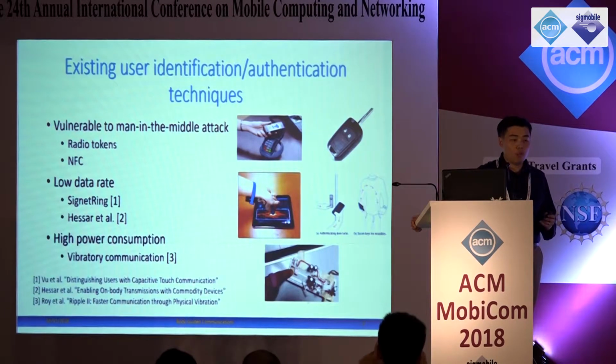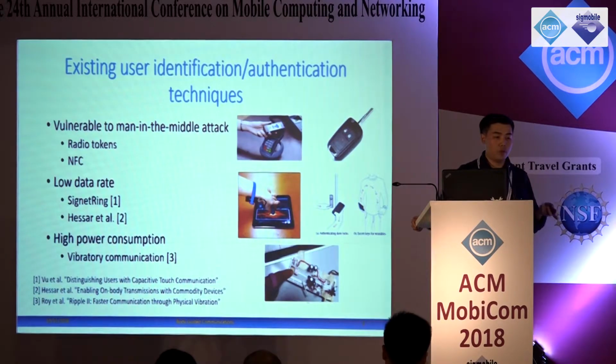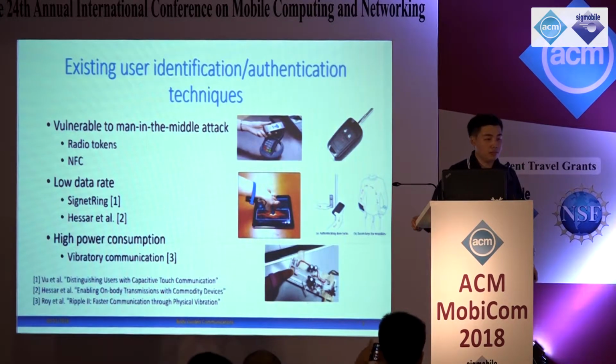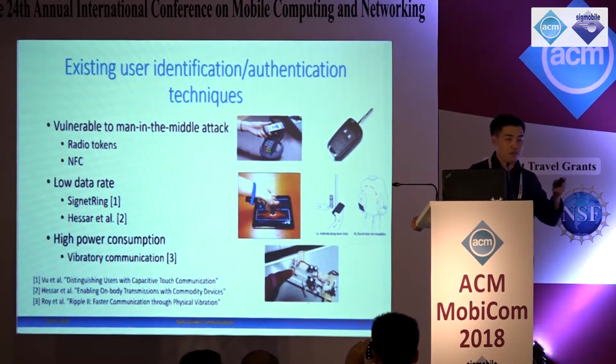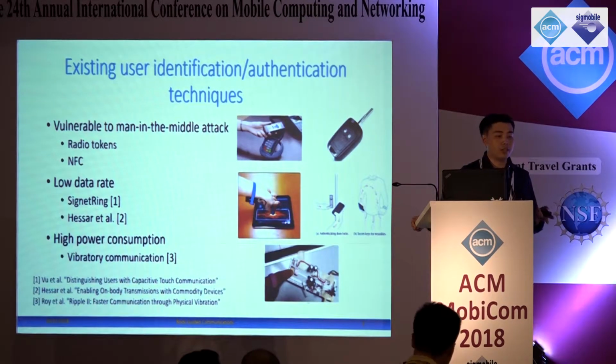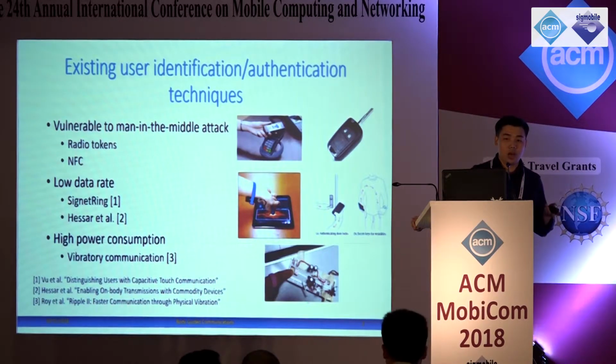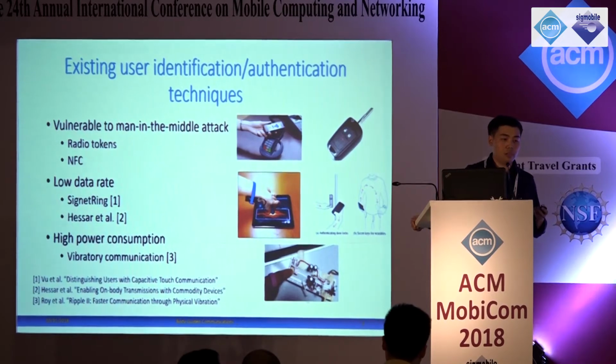And recently, there's some work on vibratory communication in order to transfer credentials from a user wearable token to the device using vibration signal through the human bone. This kind of work can associate the user code to every single touch. However, they consume a lot of power because of the mechanical vibration of the small motors.